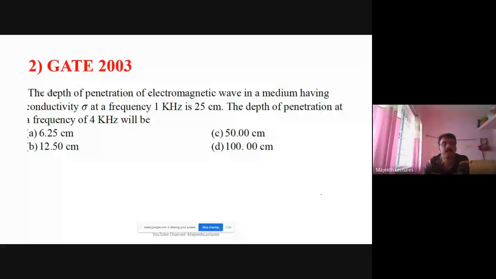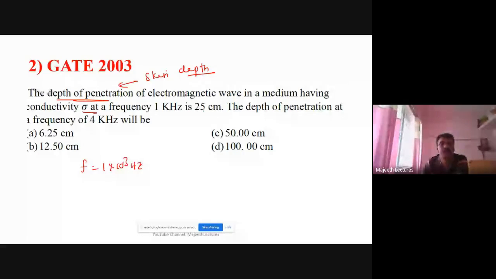The other name for skin depth is depth of penetration. Both are the same: skin depth or depth of penetration. Problem 2. The depth of penetration of an electromagnetic wave in a medium having conductivity sigma at a frequency of 1 kilohertz, so f is equal to 1 into 10 power 3 hertz, is 25 centimeters.